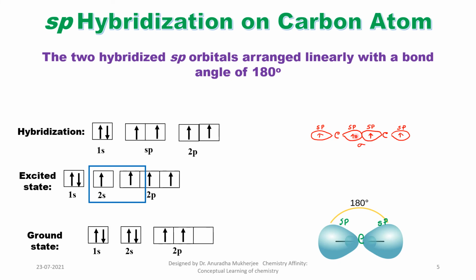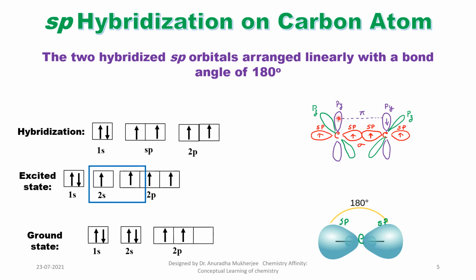So now one sp of the right-hand side carbon and one sp from the left-hand side carbon are overlapping and they are forming a sigma bond. Now both side carbons have one py orbital containing one electron, and they have another, let's assume it's a pz orbital, which also contains one electron.